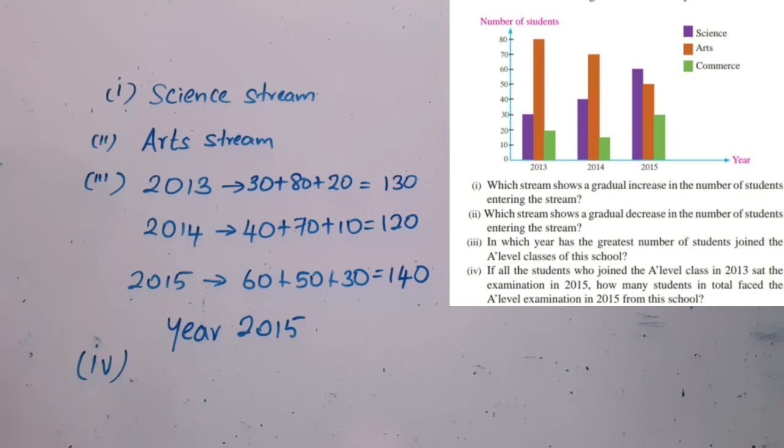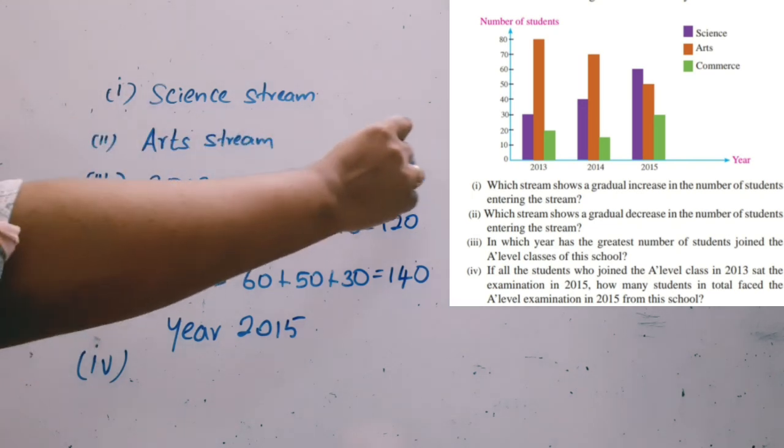If you go through the question again, you will understand it is the number of children who entered the school in 2013, 2014 and 2015 that have been given, not the people who sat for the exam. So the question is, those who entered in 2013 will sit for the exams in 2015. So for this particular question, the students who joined in 2013 are going to be the answer, which is 130.